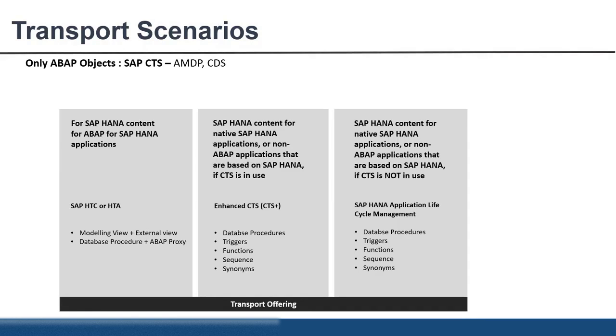If in case your landscape already has CTS, then SAP has come up with the advanced version of CTS, that is CTS Plus, which you can use for transporting HANA native objects. However, if your landscape doesn't have CTS already, then another option is you can use SAP HANA Application Lifecycle Management. This is a new tool which SAP has introduced for transport management of HANA objects. So now you will learn details of these tools in the next.